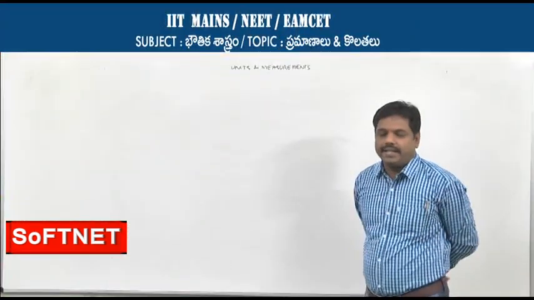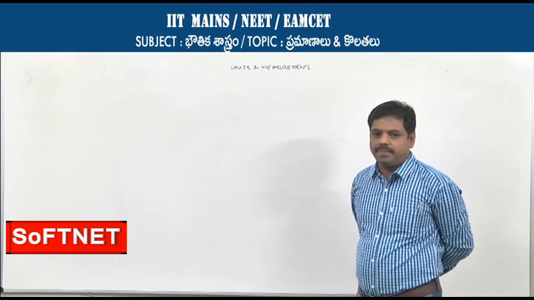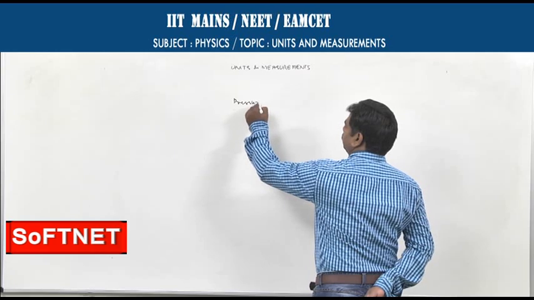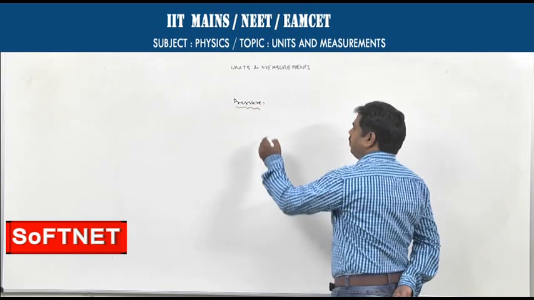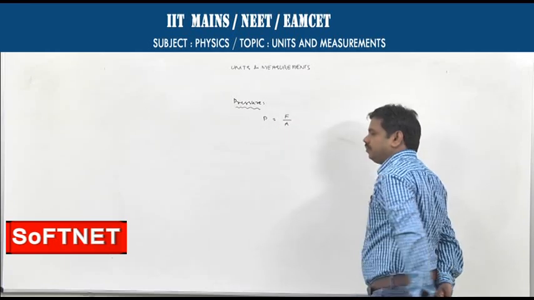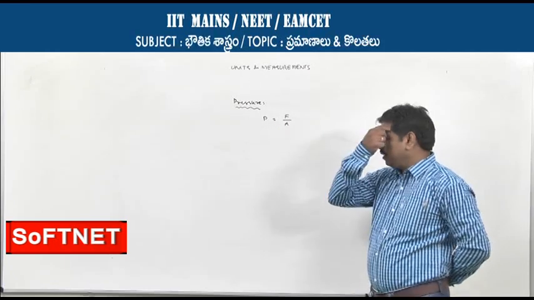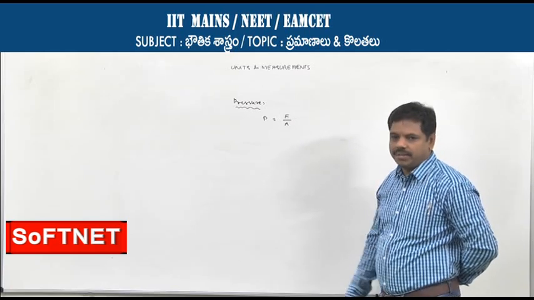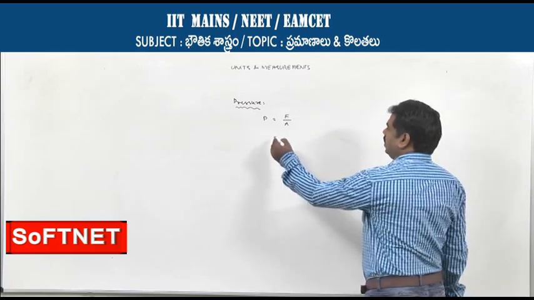For example, let us write the dimensional formula of the pressure. Pressure, we already know, is the force acting per unit area. So when you know the formula for the physical quantity, which we already discussed, we can easily write the dimensional formula of the pressure. Then how?